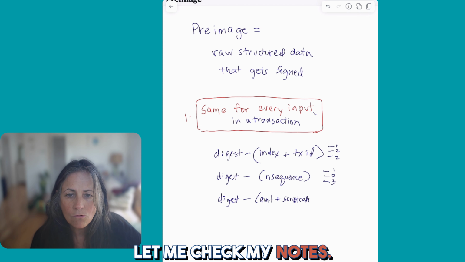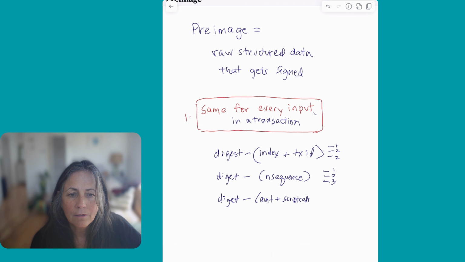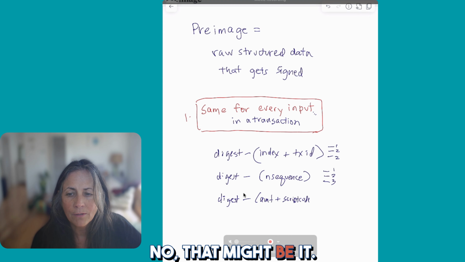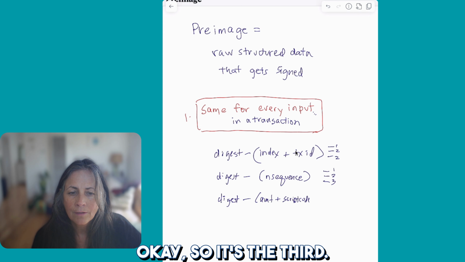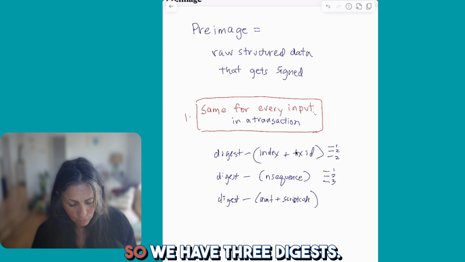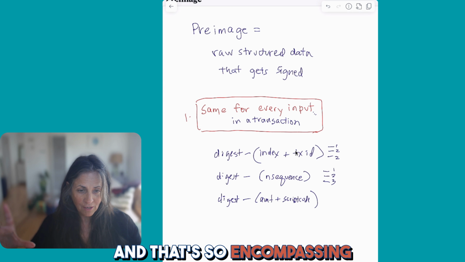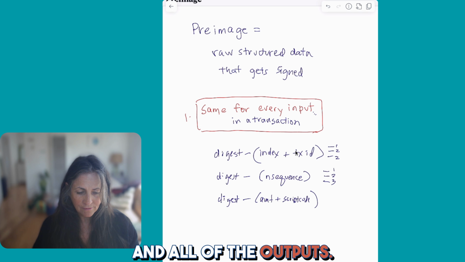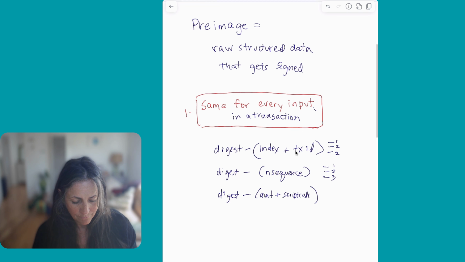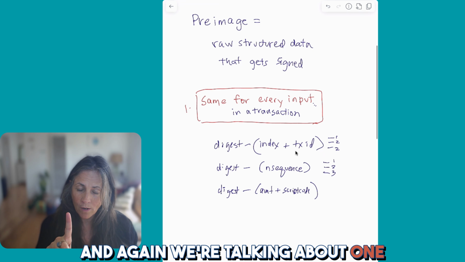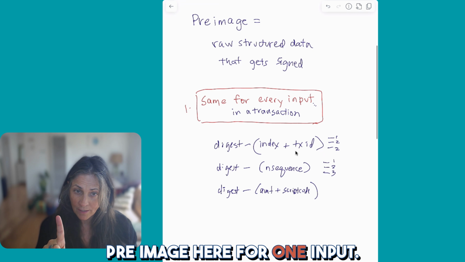Let me check my notes. No, that might be it. So we have three digests, and that encompasses all of the inputs and all of the outputs. And again, we're talking about one pre-image here for one input.